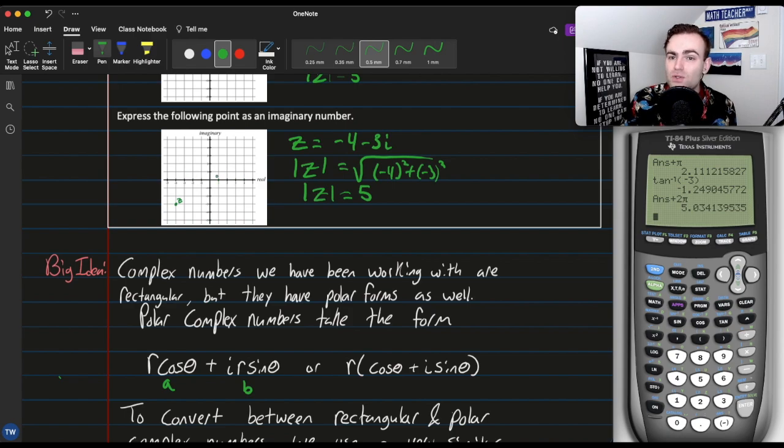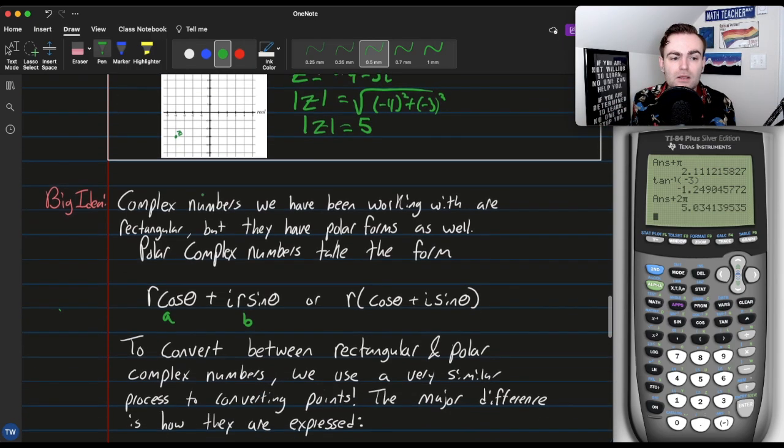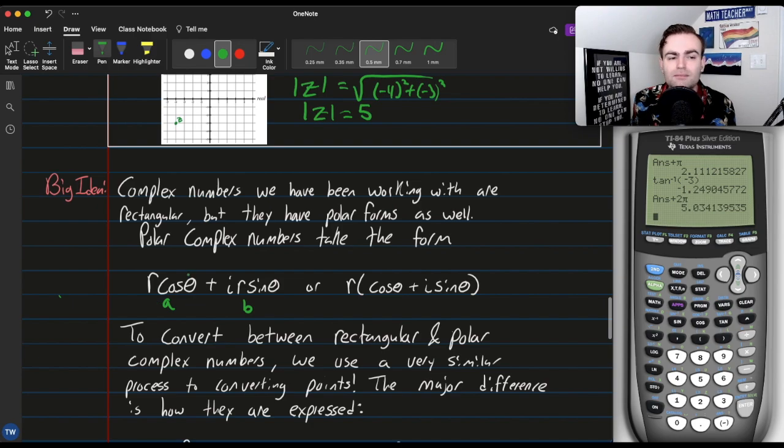Before, to convert the x-coordinate from polar, we would do r cosine theta for the x-coordinate. And the y-component, which is the imaginary part here, we found before using r sine theta. Same idea. So polar complex numbers take the form of r cosine theta plus i r sine theta. Or you can factor out the r and just have r times cosine theta plus i sine theta.